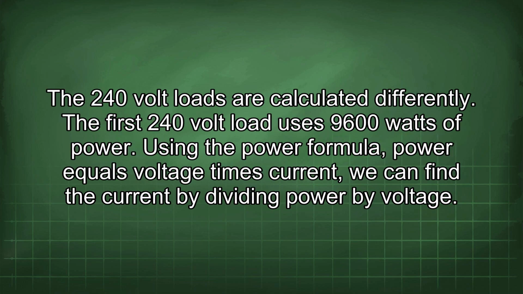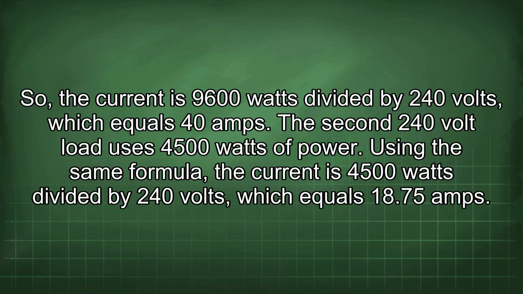The 240 volt loads are calculated differently. The first 240 volt load uses 9,600 watts of power. Using the power formula, power equals voltage times current, we can find the current by dividing power by voltage. So, the current is 9,600 watts divided by 240 volts, which equals 40 amps.